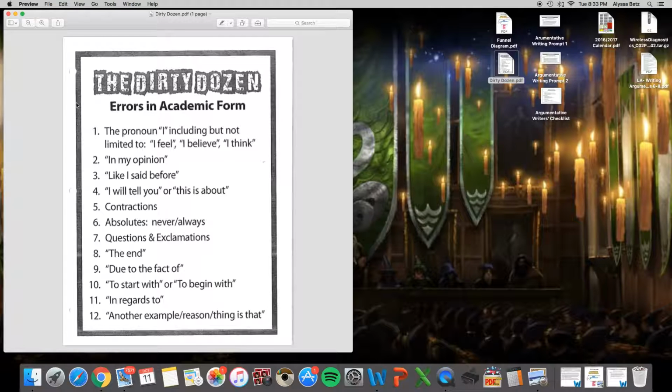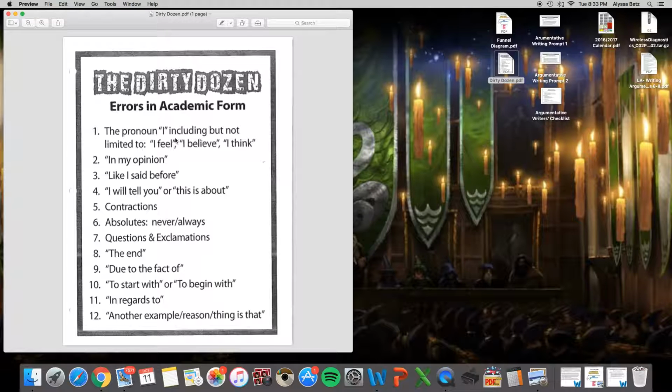For example, number 1, the pronoun I, including but not limited to I feel, I believe, I think. These should not be in your paper for the PSSA. That is not an academic writing tone. So you want to make sure that you skim your work and look for I, and anywhere you mistakenly put an I, you'll need to take that out and replace it, which we'll practice.